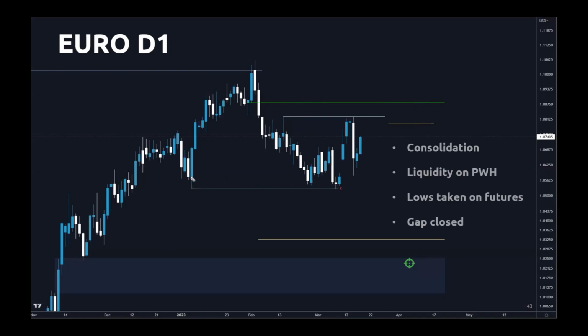On the CFD, this low is slightly lower, which gives slightly different information. But in my opinion, as we have these two equal highs, and here is this order block, what I think is going to happen is that the price will go higher, and then we will see this. That's, in my opinion, what's going on.